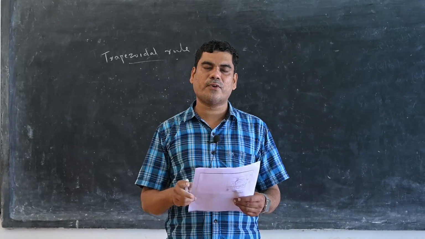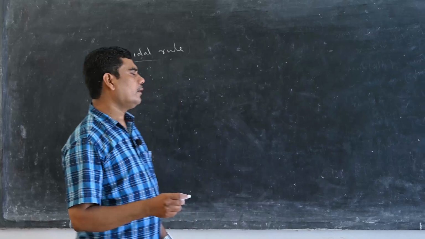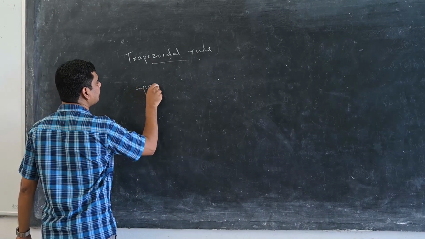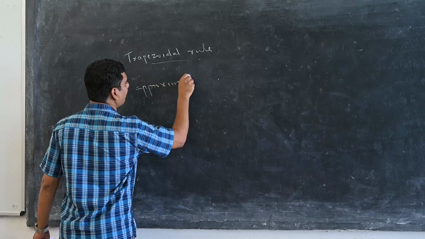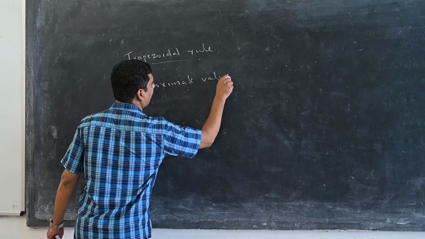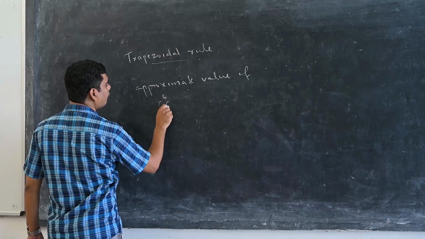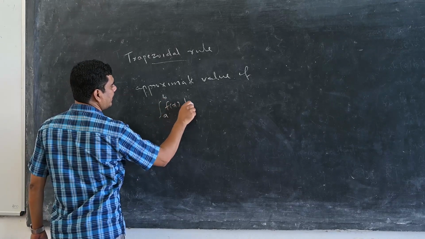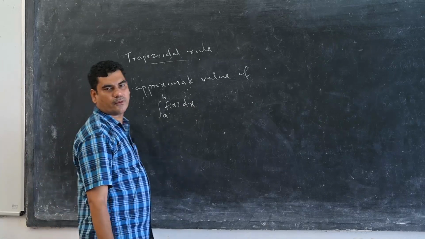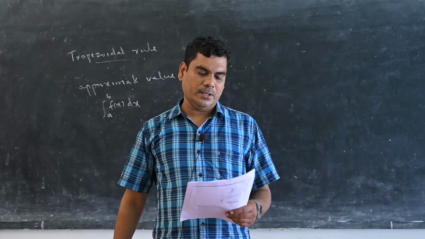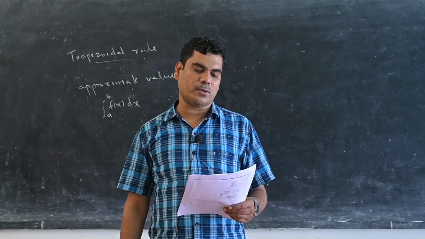Trapezoidal rule is used to find the approximate value of integral a to b f of x dx. So we have to find the approximate value of integral a to b f of x dx using trapezoidal rule.